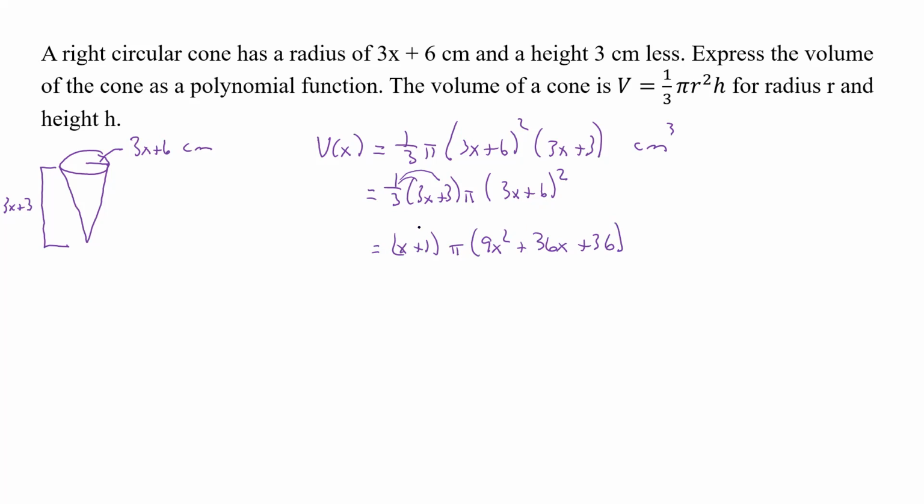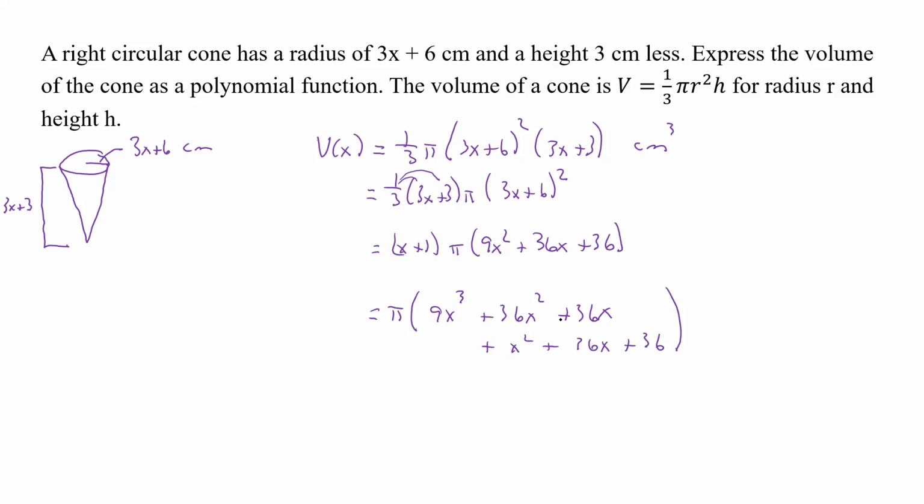Now I can say, well, now I'm going to take x times each one of those and 1 times each one of those. So I have a pi left out in front. And then I have times, and I have 9x cubed plus 36x squared plus 36x. Now I have plus 1 times all those, plus x squared plus 36x plus 36.